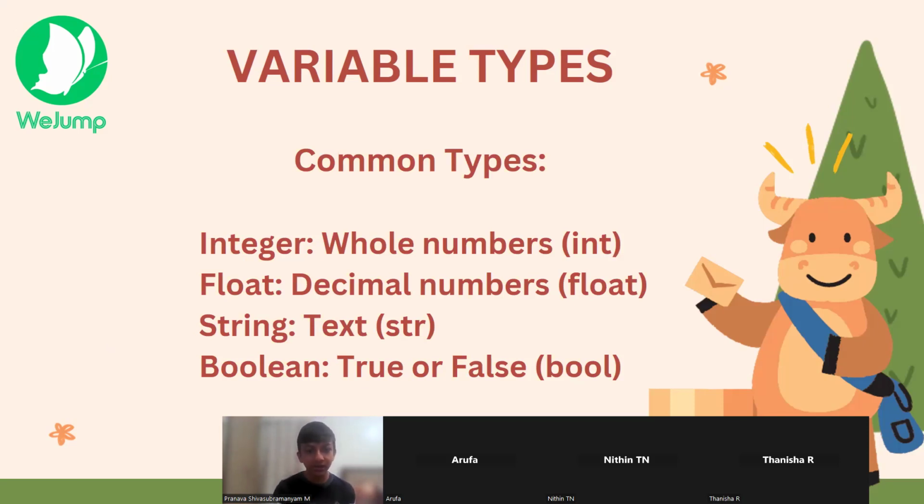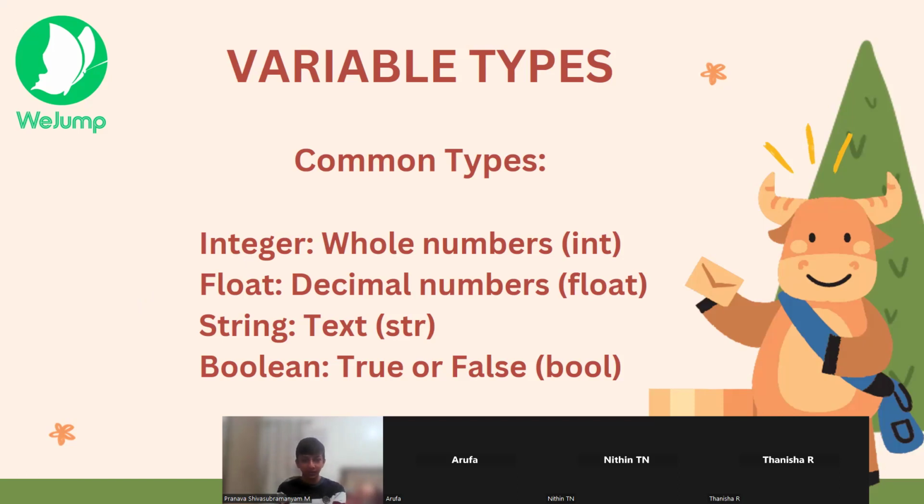Integer stores whole numbers. Can anyone tell what is a whole number? Like all the numbers, which includes negative and positive numbers.